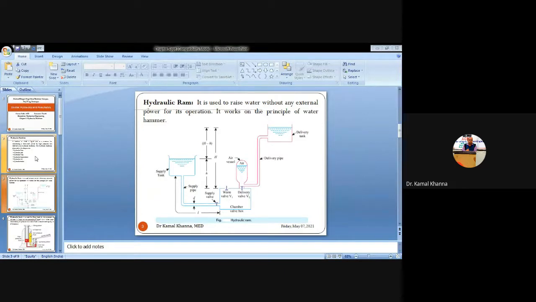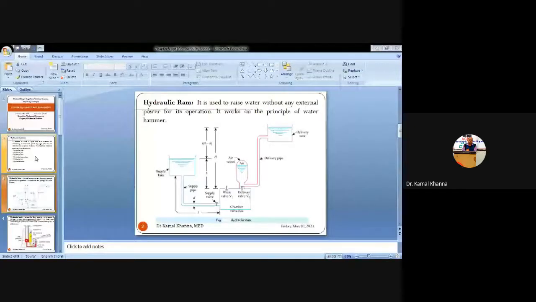In your homes, you already know that you transport water from the ground level to the water tank situated at the top of your home using an electric motor or a centrifugal pump. That is, you increase the pressure of the water and hence it is transported to a higher height.